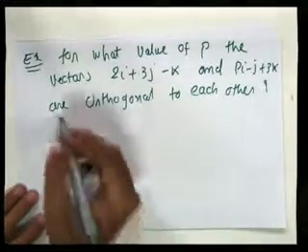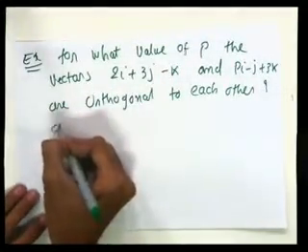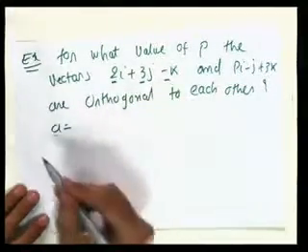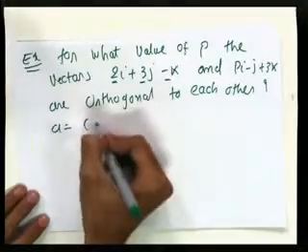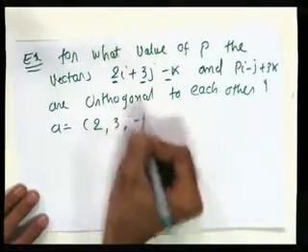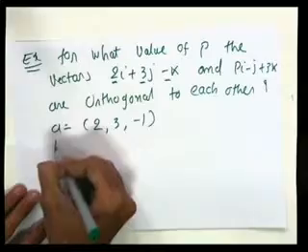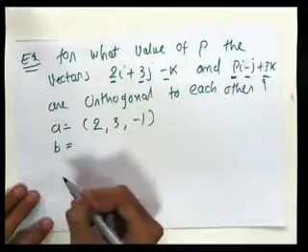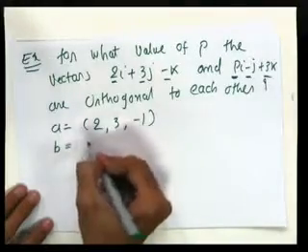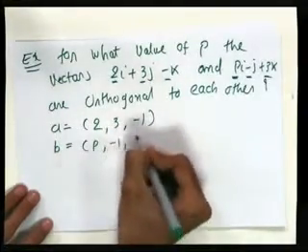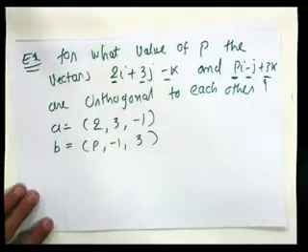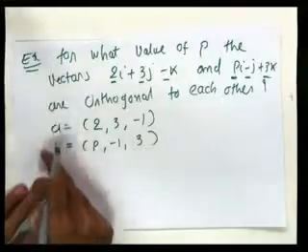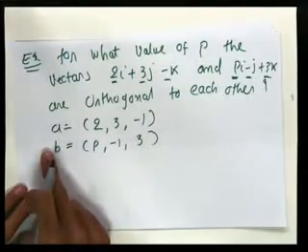So we know that let us take a is equal to 2i plus 3j minus k, that is equal to 2 3 minus 1, and b is equal to pi minus j plus 3k, that is equal to p minus 1 and 3. And for what value of p these two vectors a and b are orthogonal to each other.